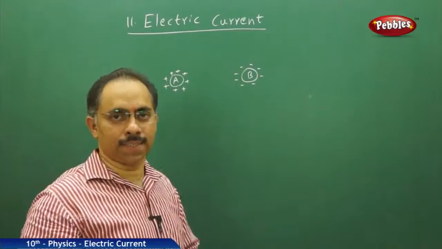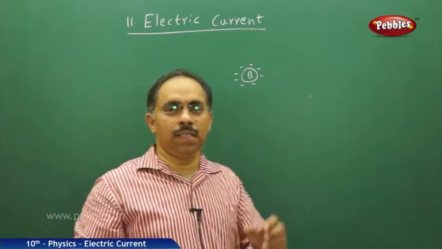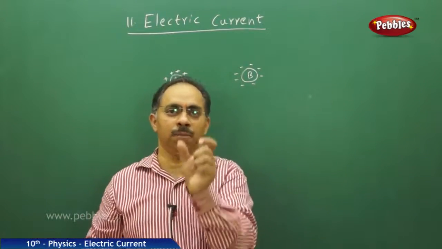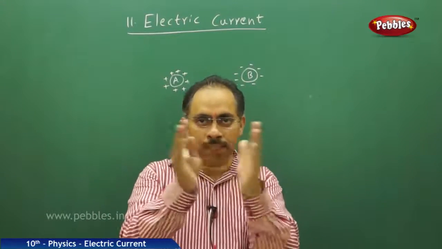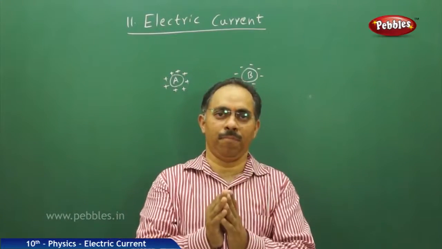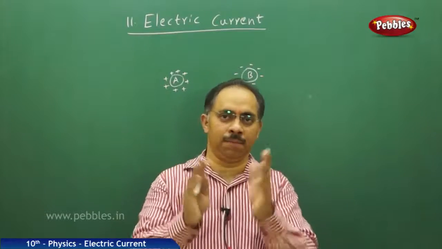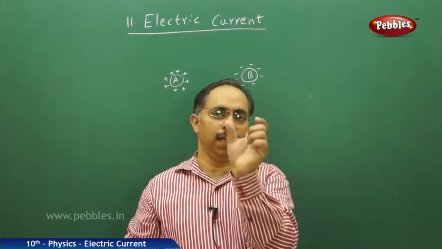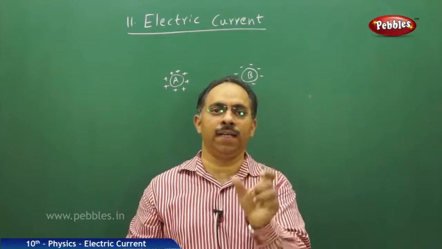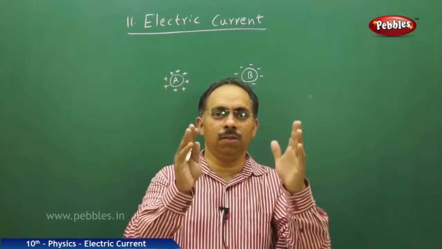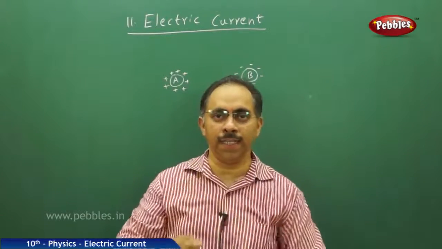These two poles are not separable in magnetism. A magnet will definitely have a north pole and south pole. I cannot have a north pole or a south pole separately.